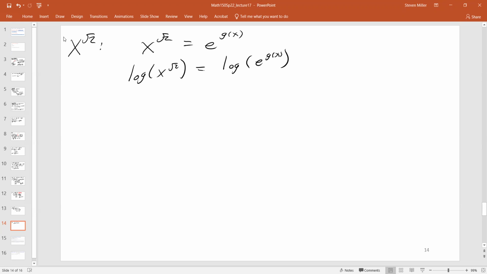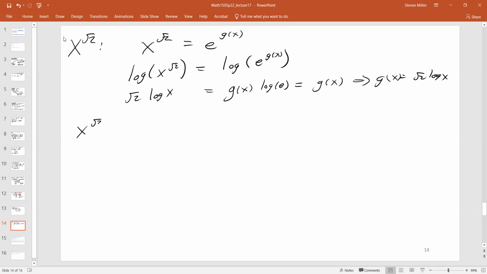Now I use my log rules. And this is going to just be g of x times the natural log of e. What's the natural log of e? That's just 1. And this is just root 2 natural log of x. So g of x is just root 2 log x.